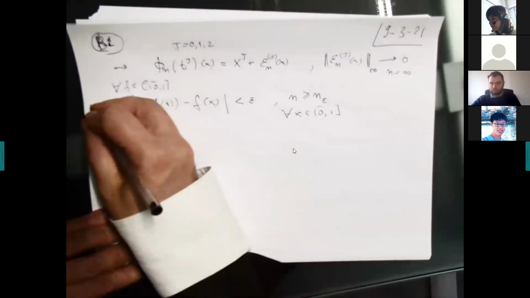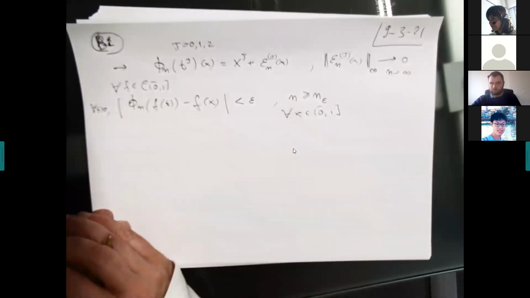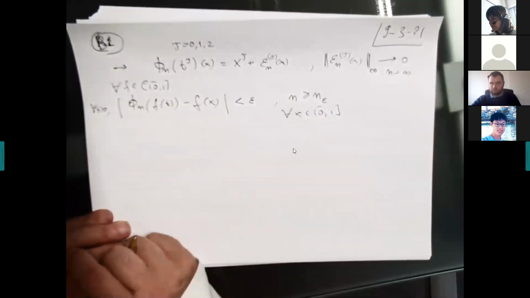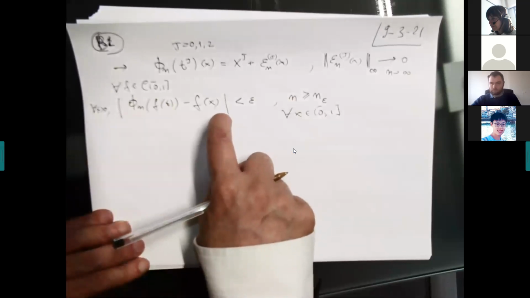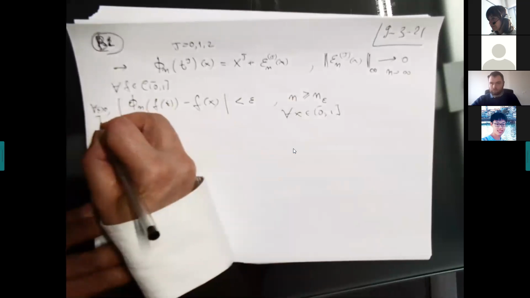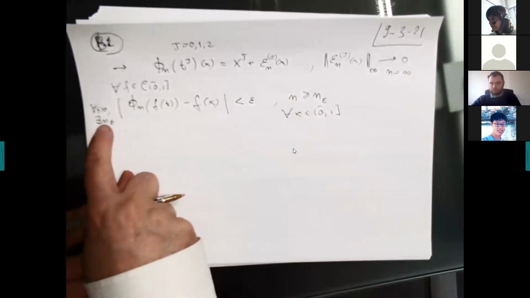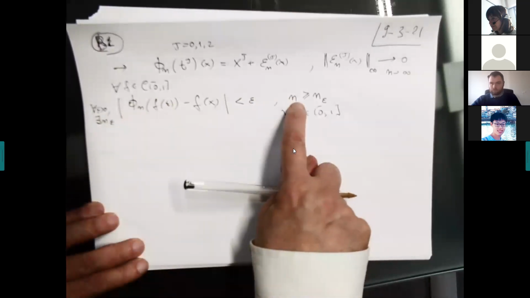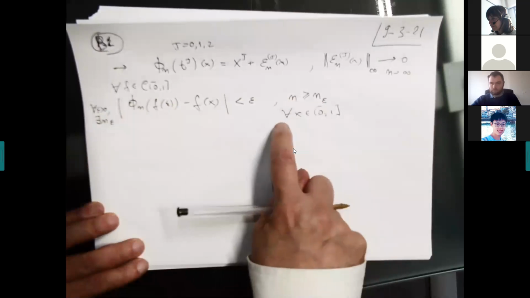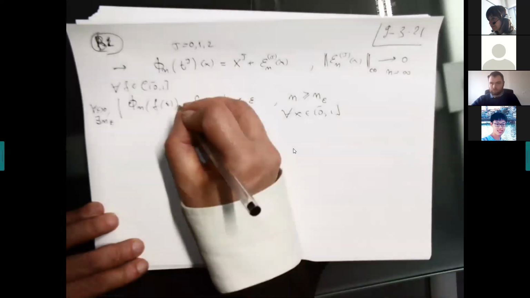So for any epsilon larger than 0, we find n larger than n epsilon such that this inequality is true. So we start to work with this inequality. Okay? So for n epsilon, there exists a number n of epsilon such that this is true for any n larger than n epsilon and for any x uniformly in 0, 1.